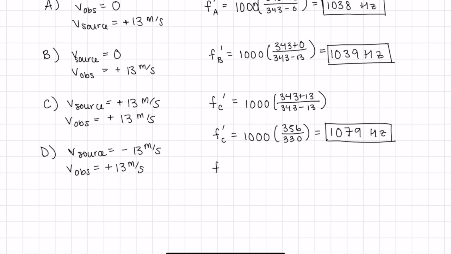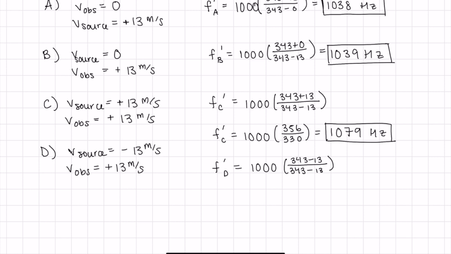So we'll have F prime D equals 1,000 times (343 minus 13) over (343 minus 13). What do you know?